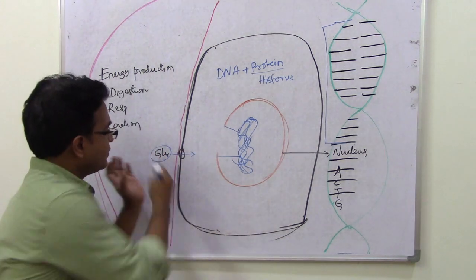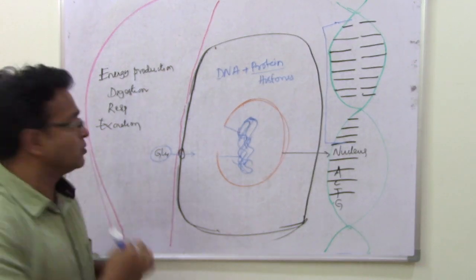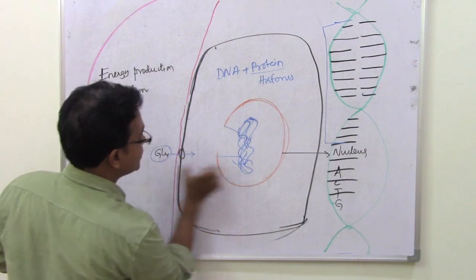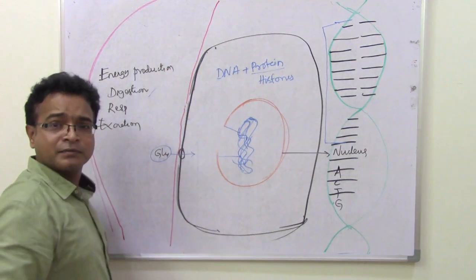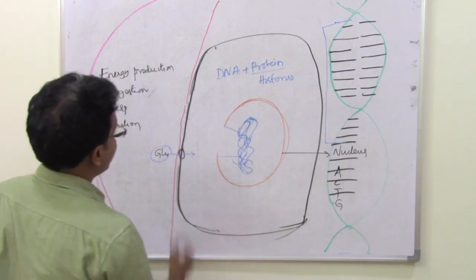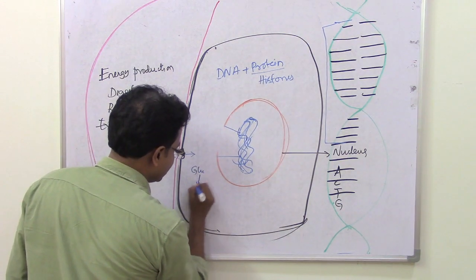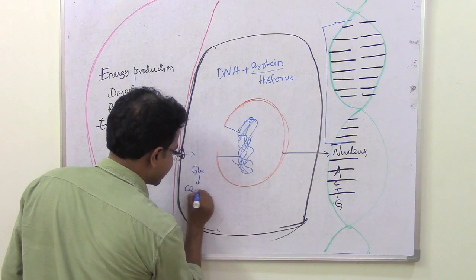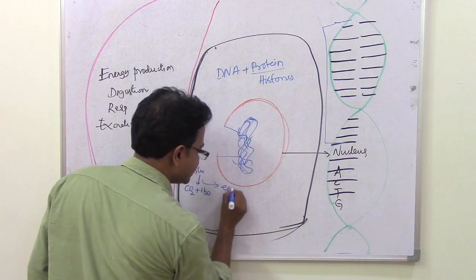So, for the cell, food is coming in. For our whole body, the food is going through the mouth. So, the glucose transport molecule is taking in the food. So, the cell is performing digestion, the simplest form of digestion. And this glucose molecule is broken down into carbon dioxide and water, and in this process energy is released.